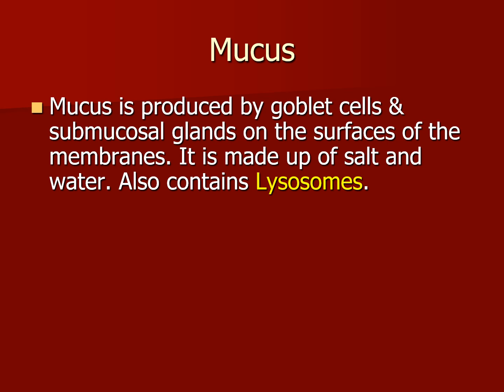Hopefully you remember, but if you don't, these are digestion organelles that work to break down proteins. So they help break down some material that can be collected into the lungs or into the areas that have these mucous membranes. So when we're looking at this, that lysosome can be an important protection mechanism.